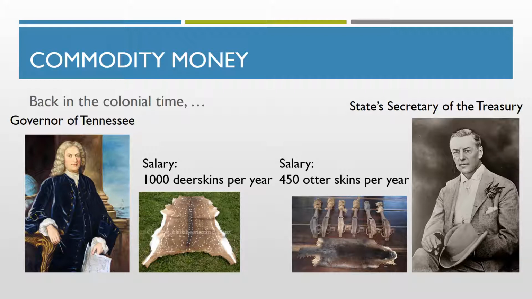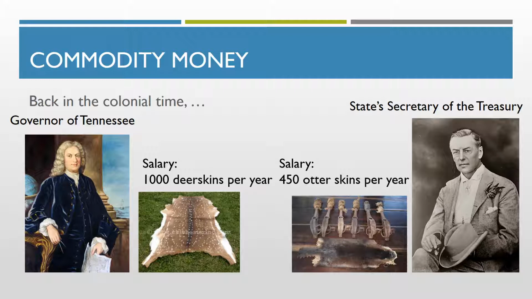So what we call commodity money is a form of commodity that people widely accept, and they are willing to give up goods and services in order to exchange for this commodity. You can imagine that maybe for one otterskin, you can exchange 2 cases of apples, whereas one deerskin can be exchanged for maybe 2 cups of tea.